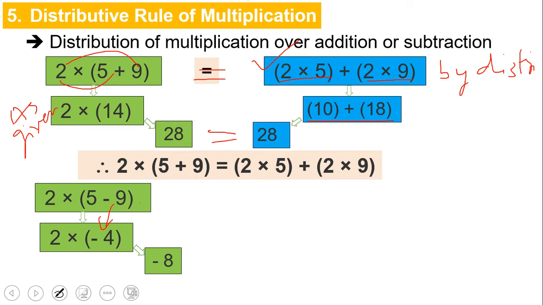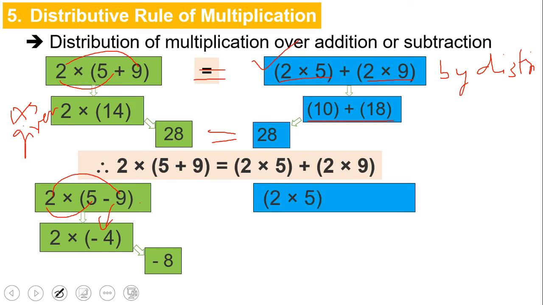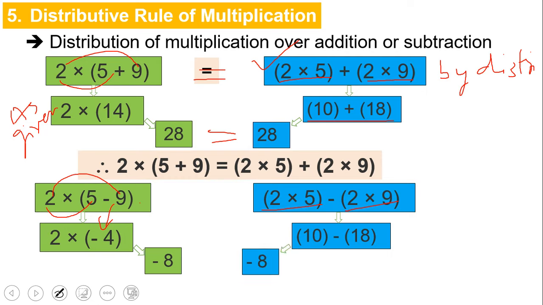Now similarly, what is the distributive property? 2 into 5 minus 2 into 9. Now 2 into 5 is 10, and 2 into 9 is 18. So we have 10 minus 18, which is minus 8.